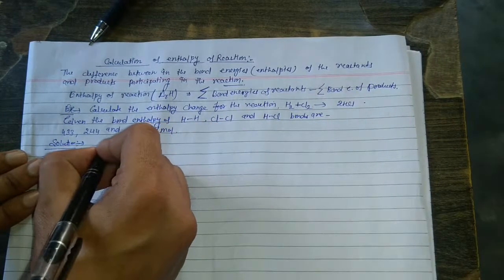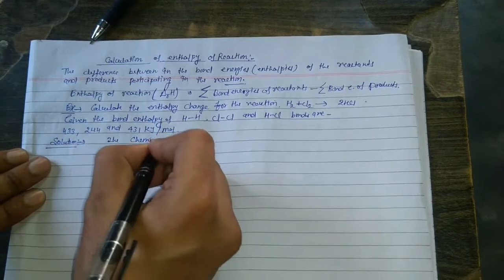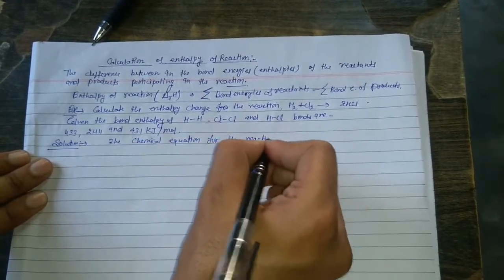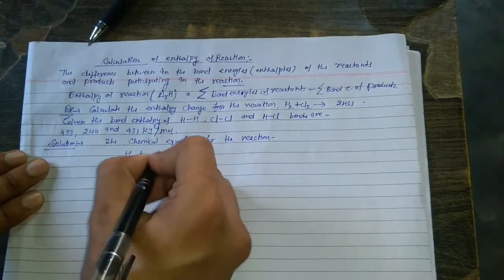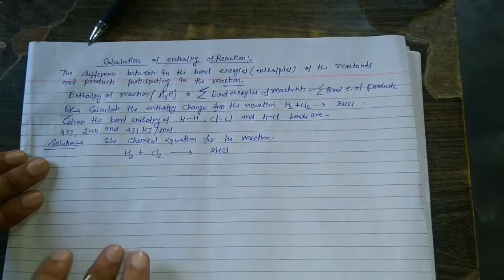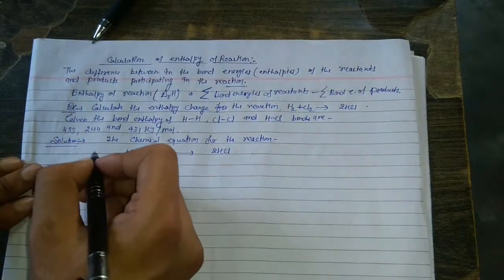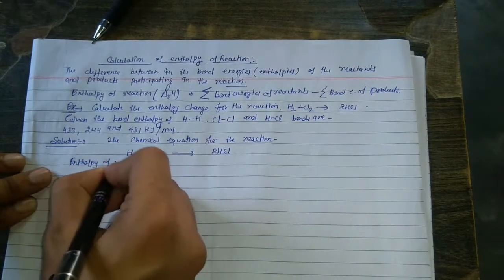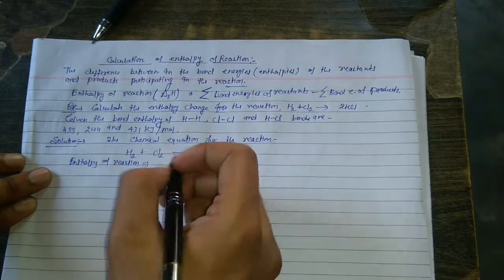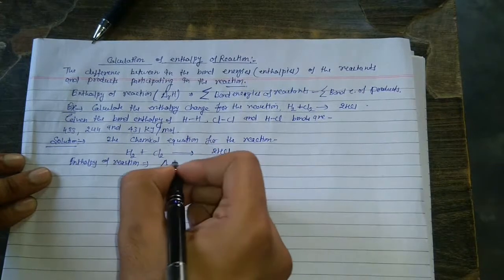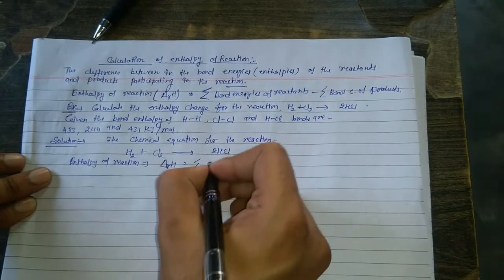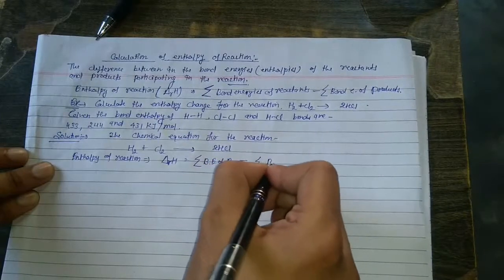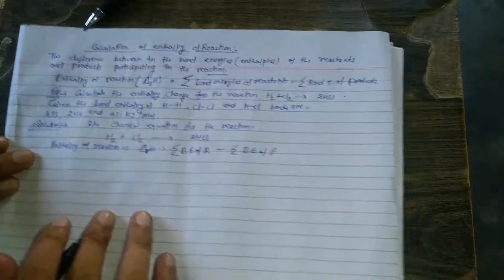So the chemical equation for the reaction is hydrogen plus chlorine gives 2HCl. The enthalpy of the reaction, del rH, equals the bond enthalpy of reactants minus the bond enthalpy of products.